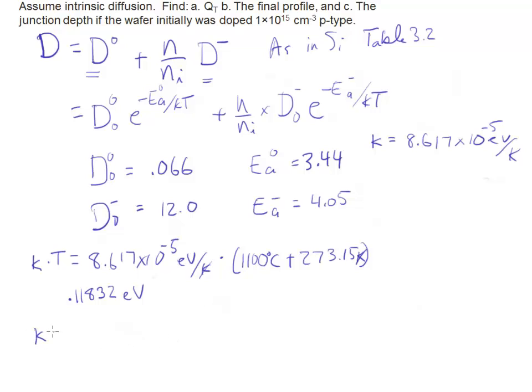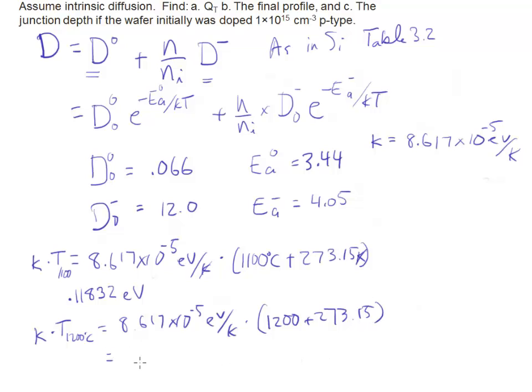Okay, going to the other value, kT, this was for 1100 degrees C. If we go to 1200 degrees C, we have the same thing, 8.617 times 10 to the minus 5 electron volts per K times, in this case, 1200 plus 273.15.